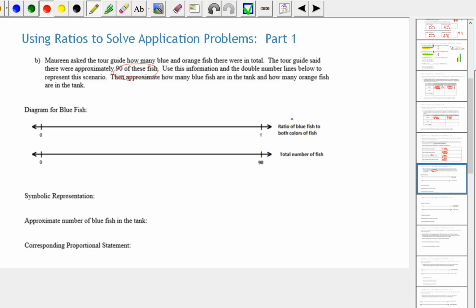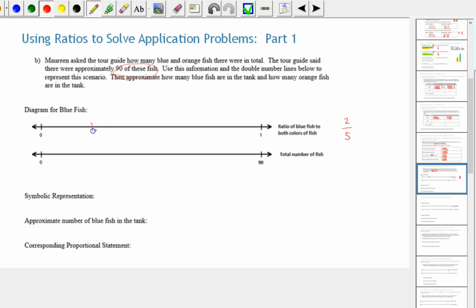If you're at SCC, we bought these pieces of plastic that have double number lines on them that you can use Expo markers to dry erase, so you can use those for these problems if you'd like. We know that 2/5 of the fish are blue.